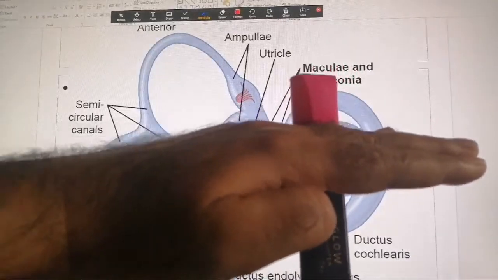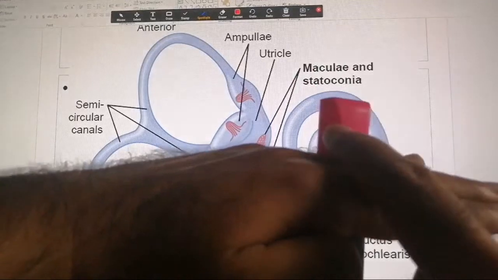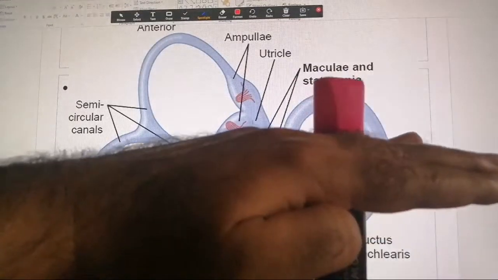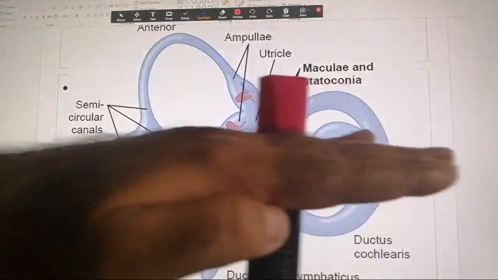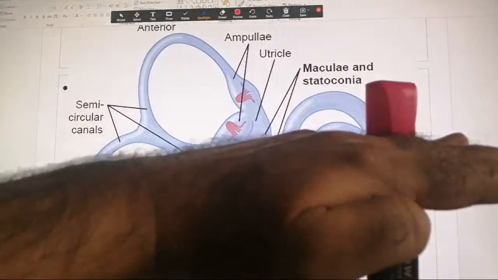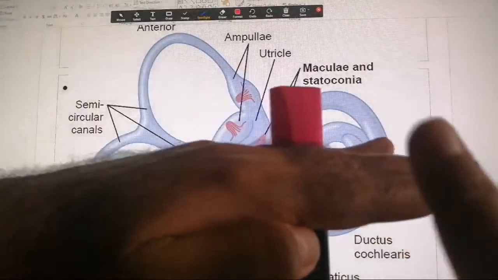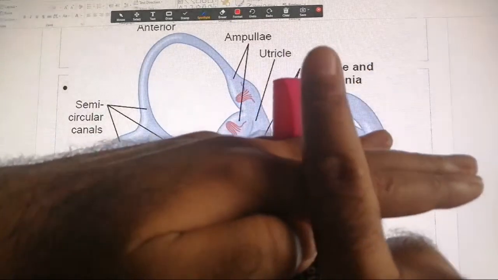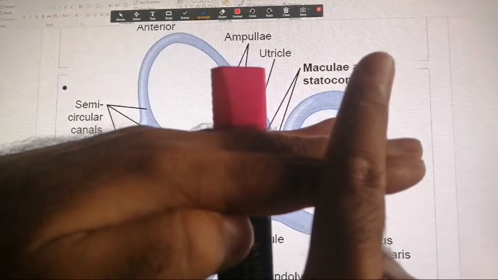This is the utricle, its macula, and the arrangement of the hair cells is like this. So, when this thing will move like this, or this, in the horizontal, the hair cells which are placed like this deviate either backwards when it moves forwards or forwards when it moves backwards.